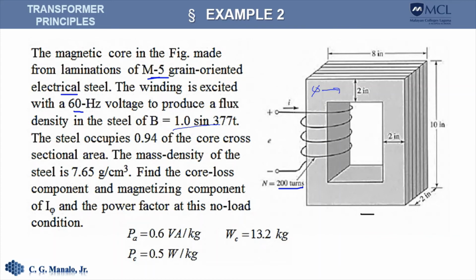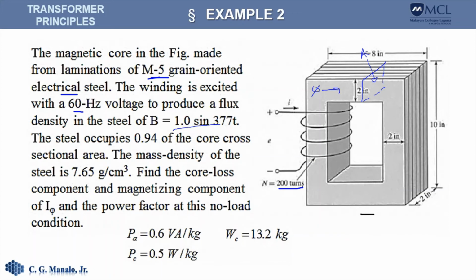The steel occupies 94% of the cross-sectional area of the core. So let's say this is the cross-section of the core. So the area there is A sub C. 94% of that area is actually steel.